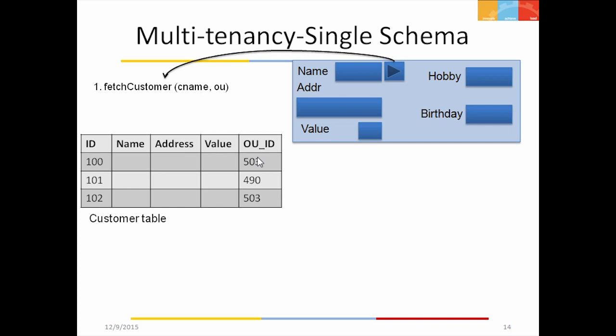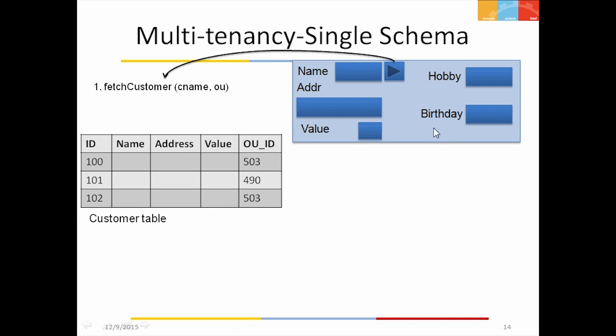In that case, it is going to fetch these two, assuming that the customer name remains the same. However, if the customer names are different, then essentially it might just select this particular row with OU_ID equal to 503. So understand that this is a common table for different customers. So the first and the third are for one customer, and the second row is for the second customer.